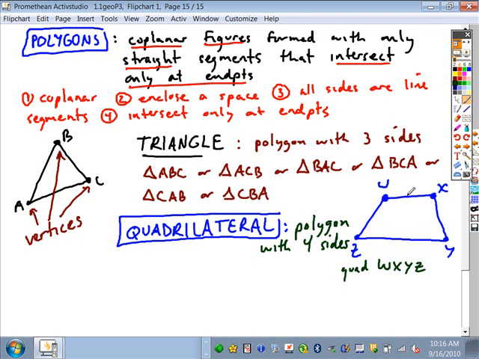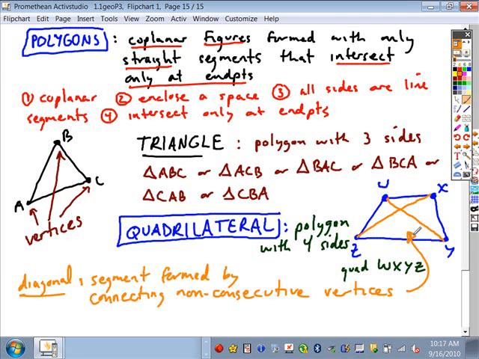And now, you can name a polygon using consecutive vertices, but if you look at non-consecutive vertices, so two vertices that are not connected through clockwise or counterclockwise rotation, that would be this segment and this segment. Anytime you connect non-consecutive vertices, you're creating what's called a diagonal. This quadrilateral here has 2 diagonals.